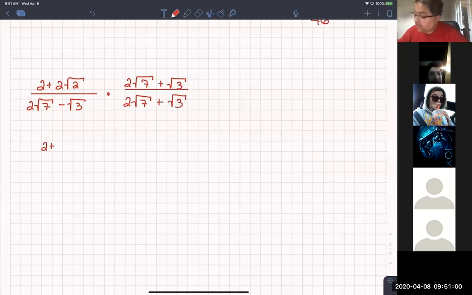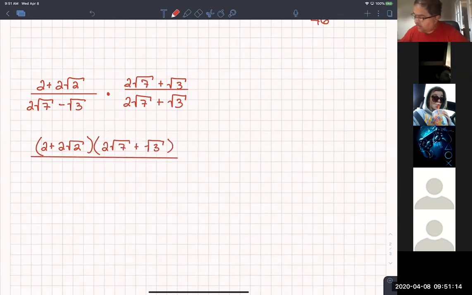So we're going to come back to the numerator in a second because that's the distributive property. We have to FOIL the numerator, and we're going to focus right now on the denominator.